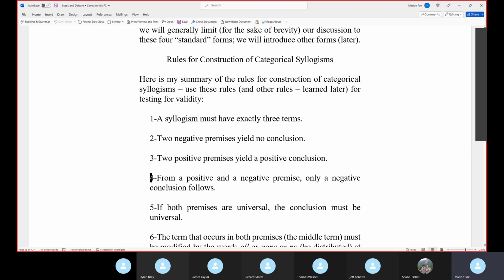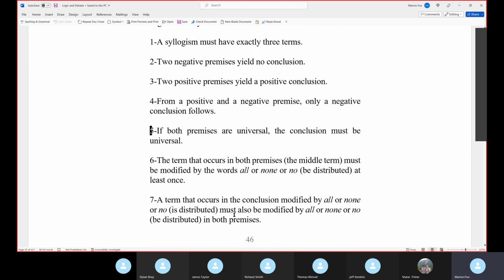If we have a positive and a negative premise, we only get a negative conclusion. If both premises are universal, then the conclusion is universal. The term that occurs in both premises, we call that the middle term, must be modified by the words all or none or no. Okay, must be distributed.